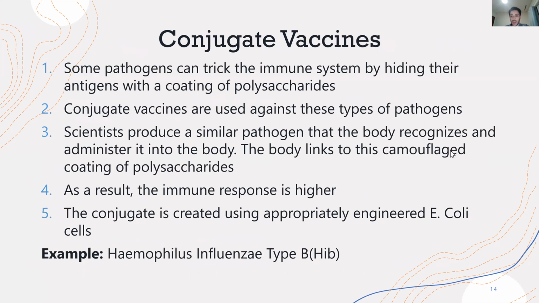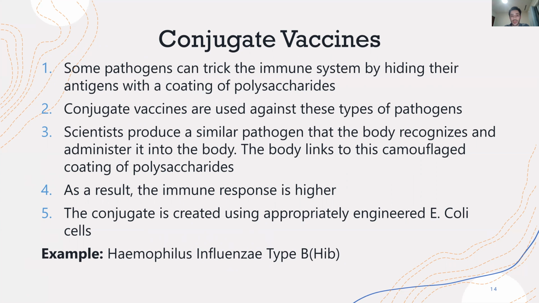So another type of vaccine is the conjugate vaccine. What are they? They are basically used when pathogens, some pathogens, can trick the immune system by hiding their antigens with a coating of polysaccharides. So this is when we introduce a conjugate vaccine, and they basically produce a similar pathogen that the body recognizes and administer it to the body.